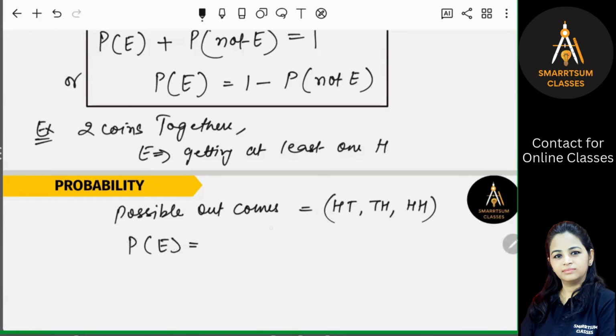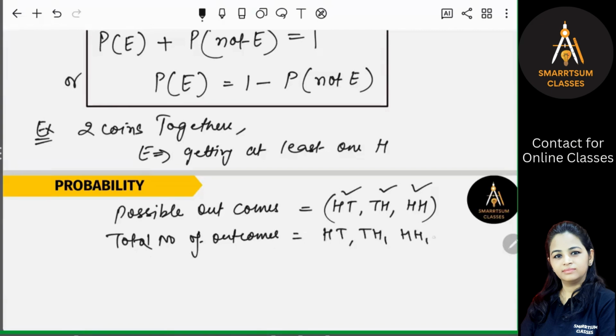This is equal to, how many outcomes are favorable to event E? 1, 2, 3. That is 3. And what is the total number of outcomes? Total number of outcomes, you can also write it first. This is HT, TH, HH, and TT. These are the four possible outcomes when you toss two coins together. Getting that?